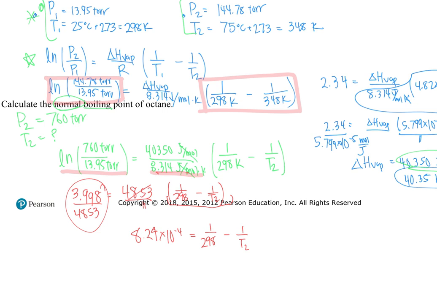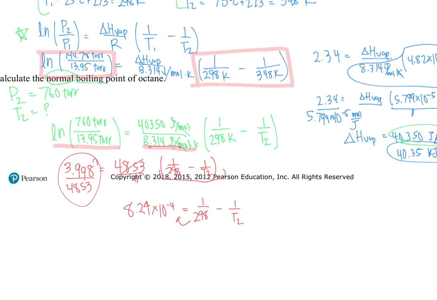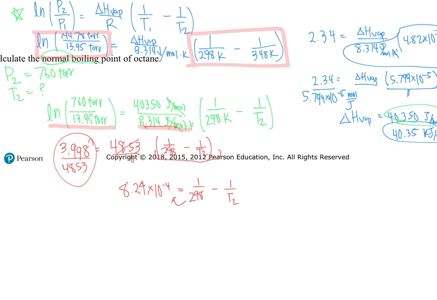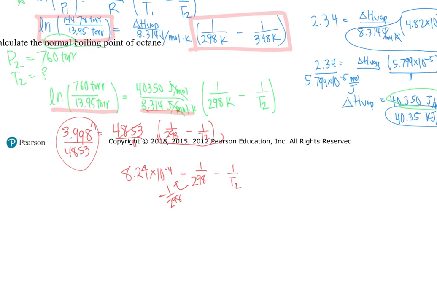I'm actually going to subtract 1 over 298 over, so we're going to get minus 1 over 298. So I'll take my 8.24 and I'll subtract 1 over 298, and you end up getting a negative 2.53 times 10 to the negative 3rd equals negative 1 over T2.